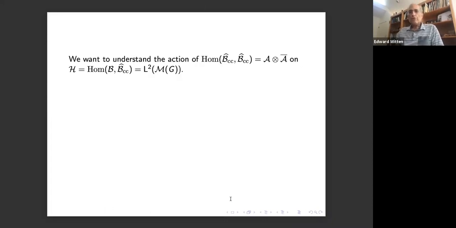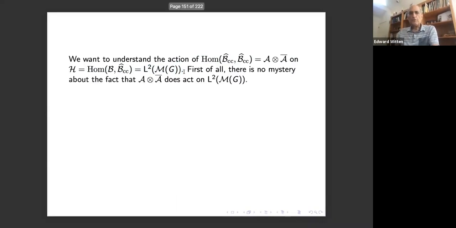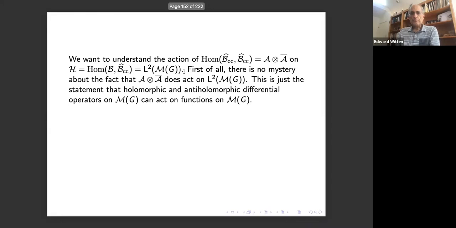So we want to understand the action of A tensor A bar on Hom between these two branes, which is the same as the L2 functions on the moduli space of bundles. First of all, there's no mystery about the fact that the tensor product of the two algebras does act on the moduli space.